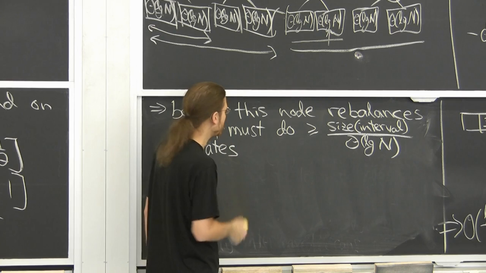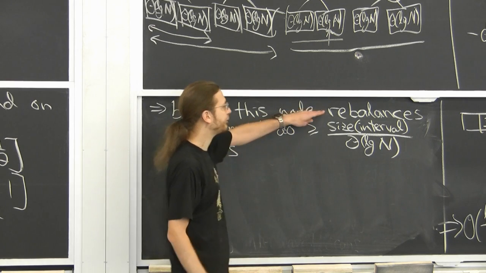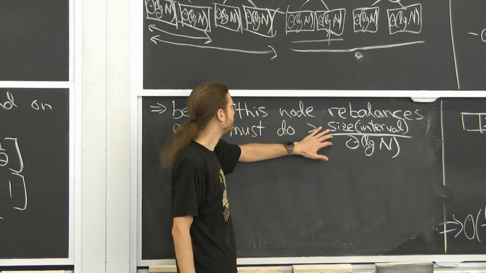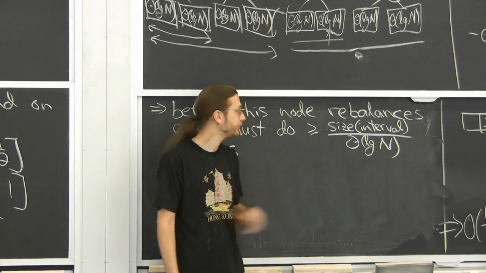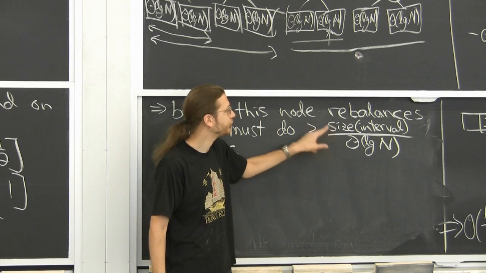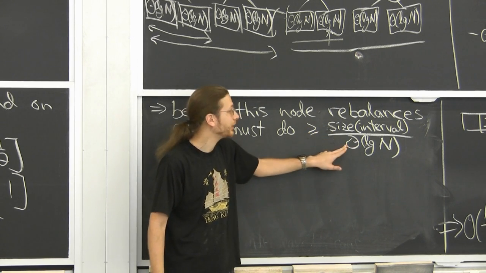Boom. Okay? So when this rebalance happens again, we're going to charge to those updates, which is good because the time it takes us to do the rebalance is the size of the interval. So we need to charge to each of these items log n times.